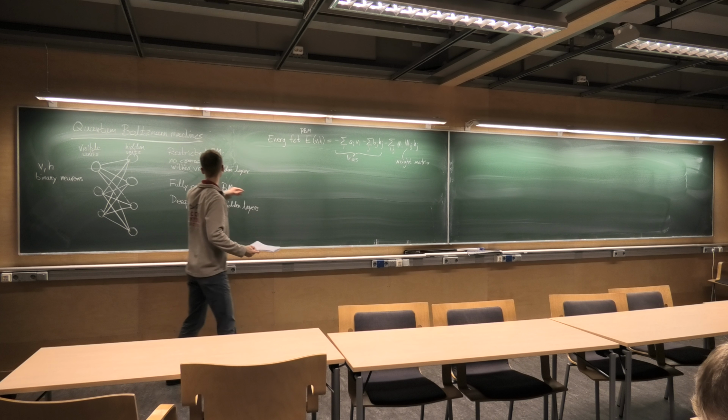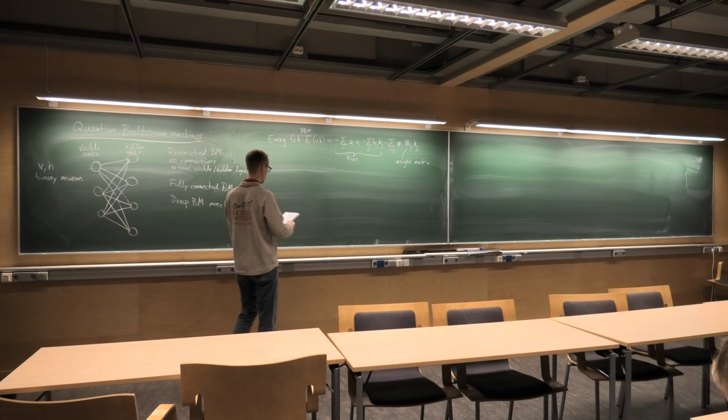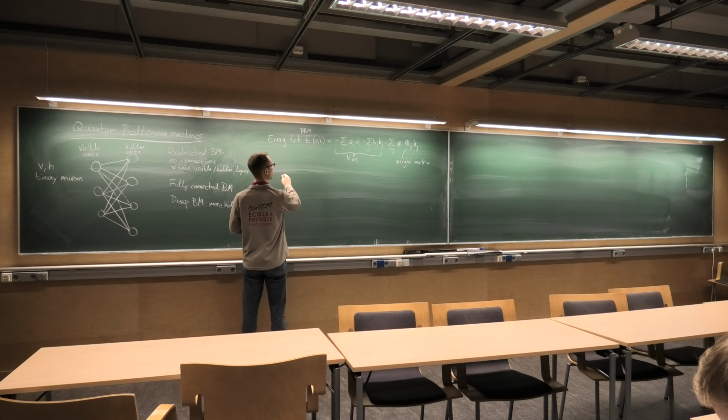So it says something about the strength of each connection here. Now, this energy function is what gives a probability distribution for the values of these neurons.